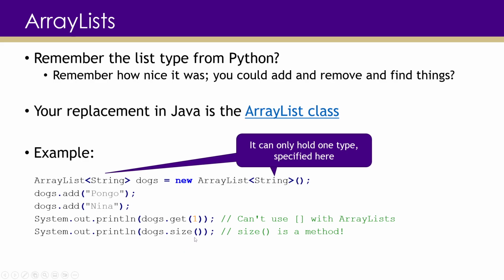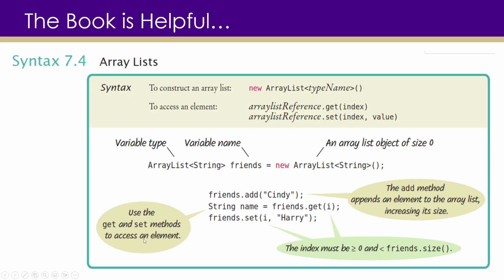We call .size, with the parentheses, because this is a method and it will count how many objects are actually in there and return that to us. So the book is super helpful. It's got these nice syntax boxes, which I highly recommend. They're great references. You can quickly look at an example of how you can make an array list and how you can use it, plus some nice little comments.